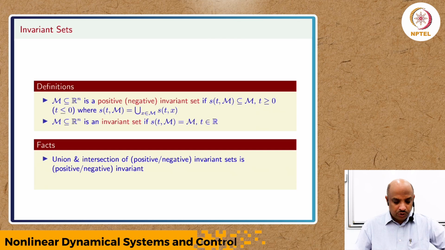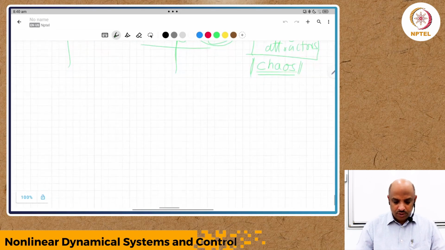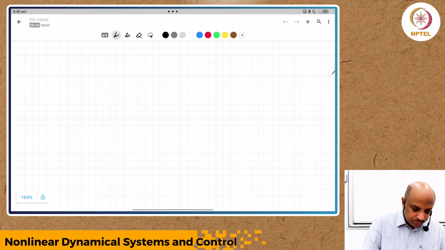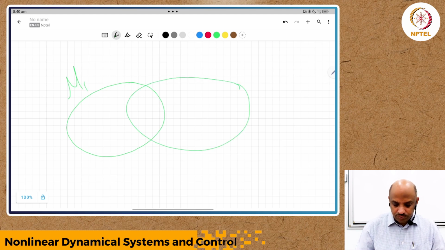So the union and intersection of, let's say, positive invariant sets are indeed positive invariant, right? Let's try to understand how this works. Suppose this is M1, which is invariant, and this is M2.